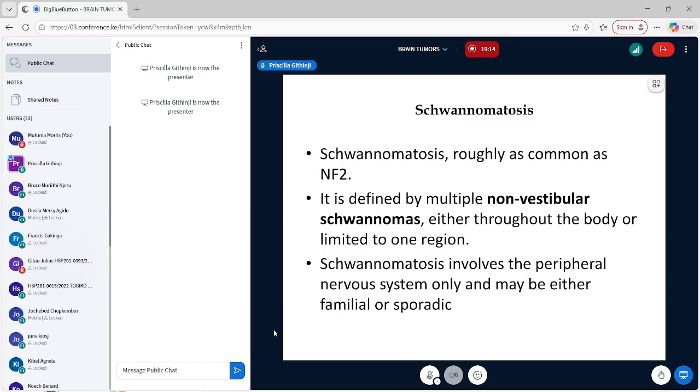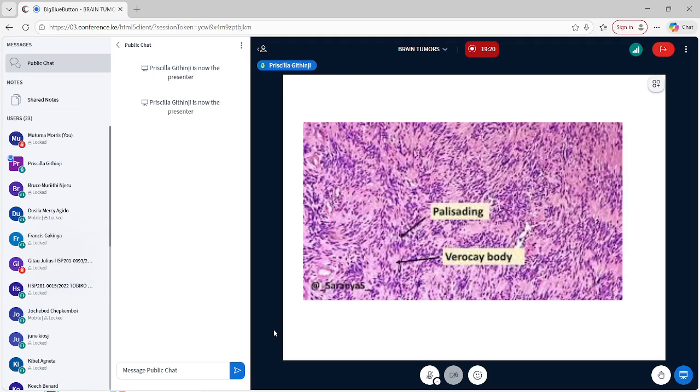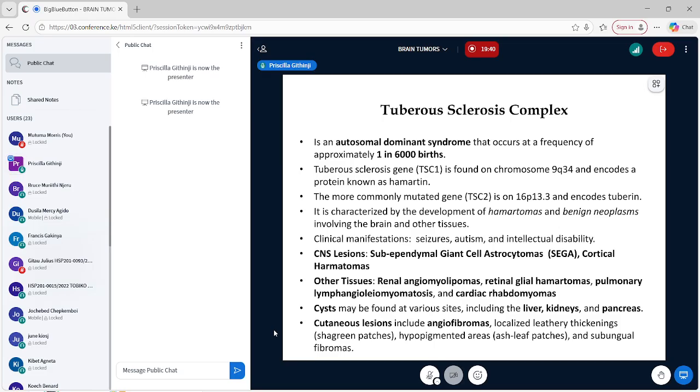So when you see a schwannoma in the brain or anywhere in the spinal cord, this is what is called Antoni A, Antoni B. So when you see this on histology, this is usually characteristic of schwannoma. I just put it there. It's not a must that you know.